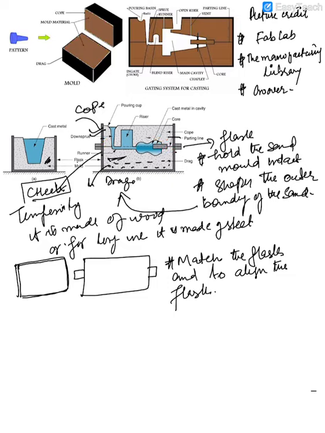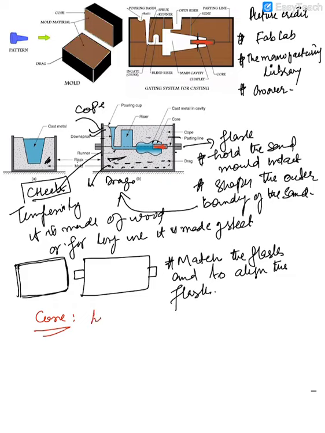Now you can see from the diagram that we have a part here and a part here. This is called a core. It is used for making hollow cavities in the cast.